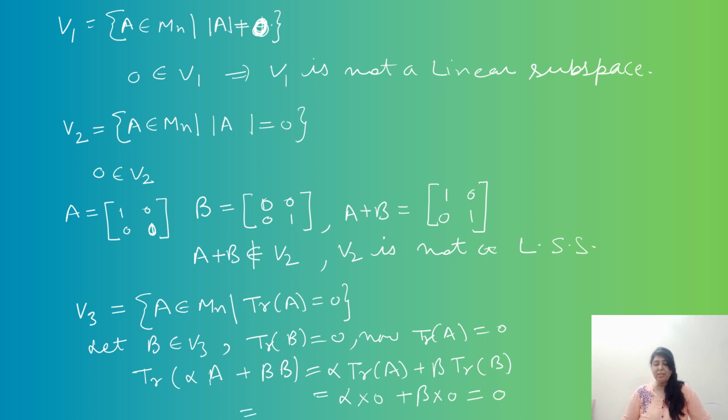This implies alpha A plus beta B belongs to V3, such that trace of alpha A plus beta B is equal to 0. So this implies V3 is a linear subspace.